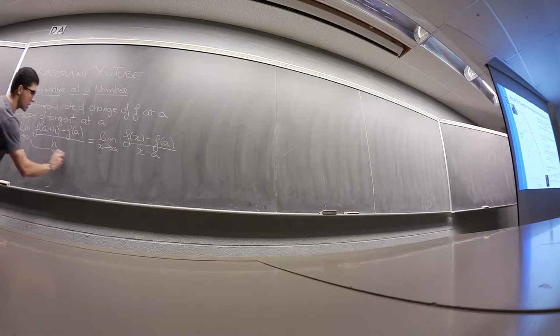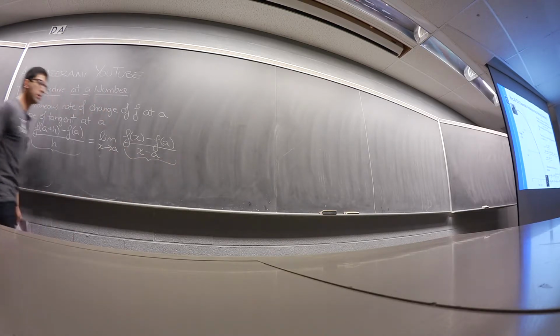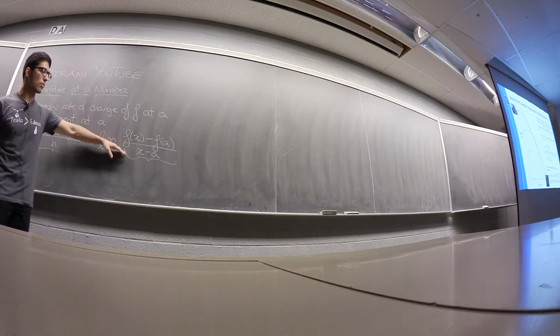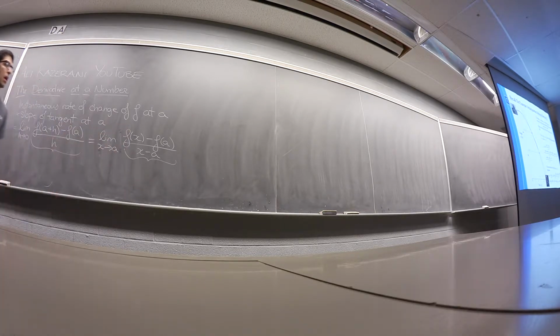Okay. This guy and this guy are called difference quotients. I wrote that word last time. They're called difference quotients because they're a quotient of differences, more obviously here. If you need any evidence that these two forms are equivalent, let me know. Simple substitution will do it. And what can we say? What is a difference quotient? It's an average rate of change, okay? This thing is an instantaneous rate of change. The difference quotient is an average rate of change.